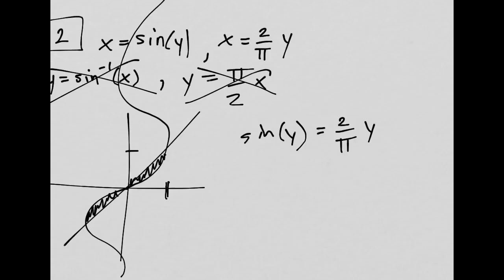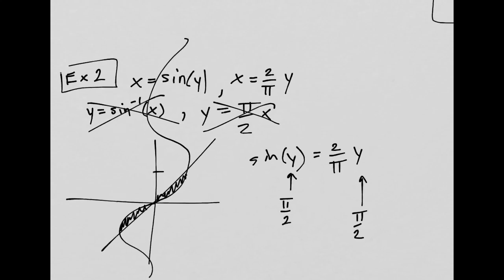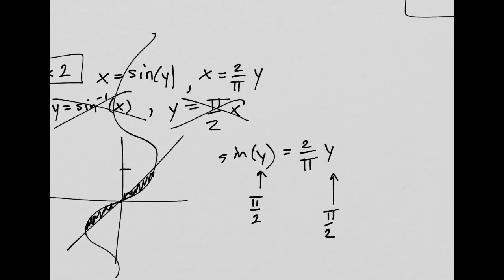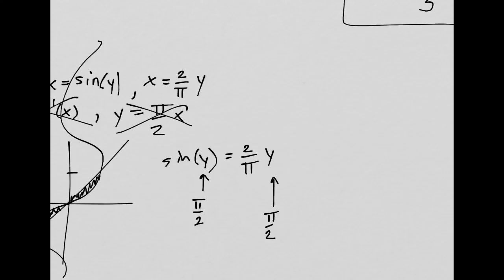Do we understand that? Because if it was sideways, it would kind of be like normal sine except backwards. So the y value is actually pi over 2, and that's also a guess from the graph. And then we know this one's just 0. So we can integrate from 0 to pi over 2.